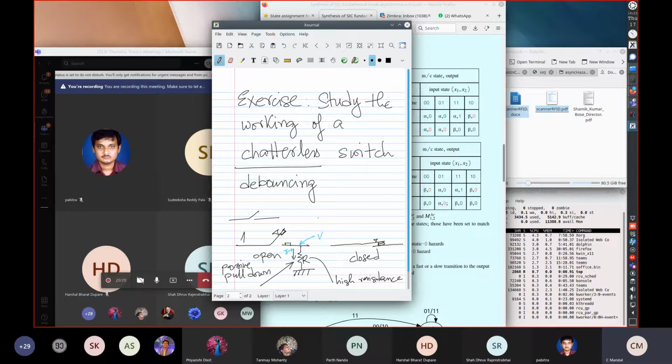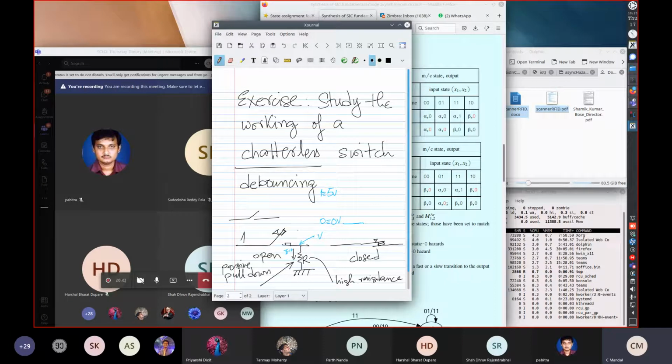If you now watch this on a CRO, let us call the voltage here V. Let us say that 0 is 0 volts, and 1 is something like 5 volts. When the switch is open, it is at 0 volts.